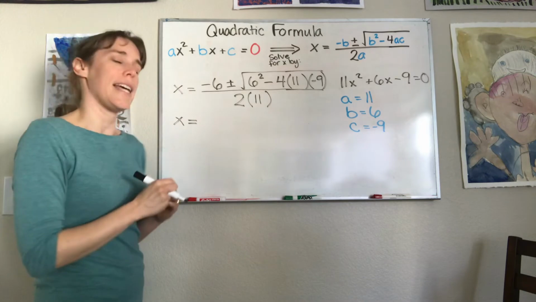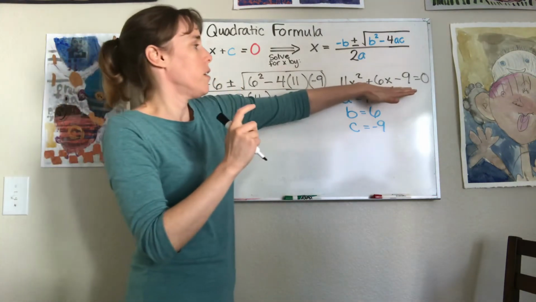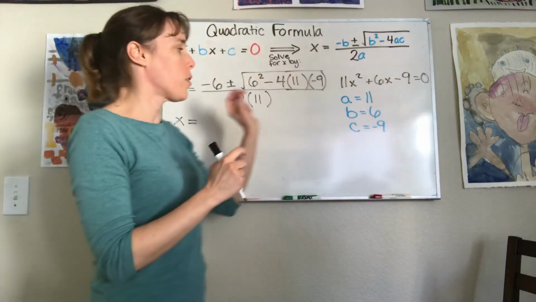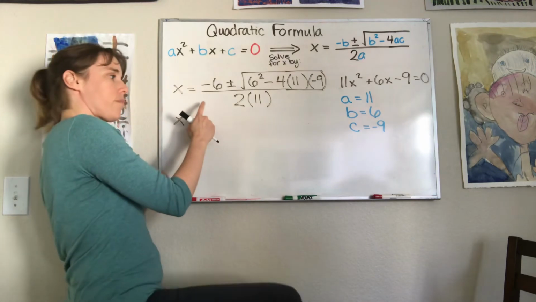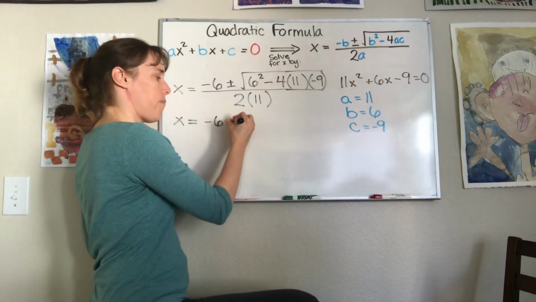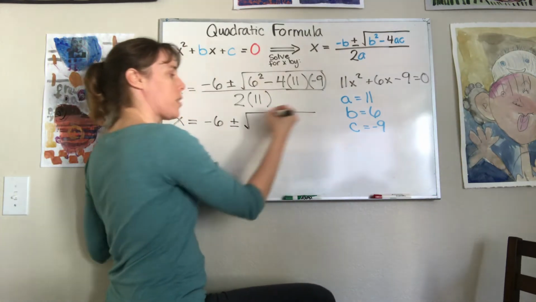Remember, we're finding the x-intercepts of this graph. If we had graphed this equation equals y, we would have a parabola. It'd cross in 2 places. So we're going to find those 2 places. Negative 6, plus or minus 6 squared is 36.